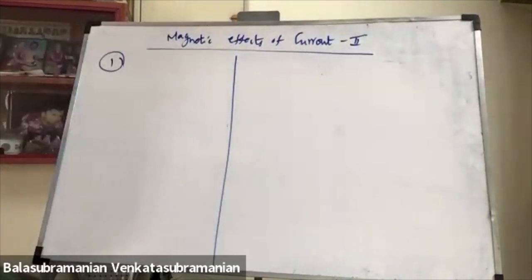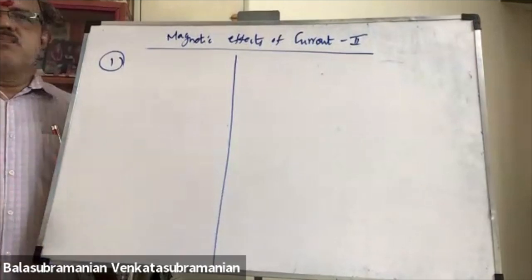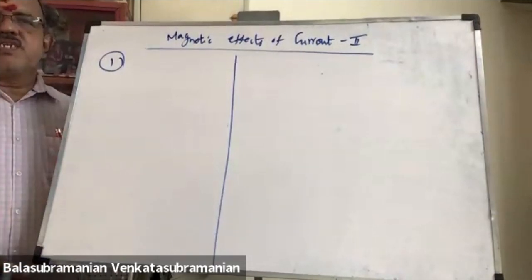First problem, a circular coil of wire consisting of 100 turns, each of radius 8 centimeter, carries a current of 0.4 ampere. What is the magnitude of the magnetic field B at the center of the coil? Biot-Savart law application we have seen.